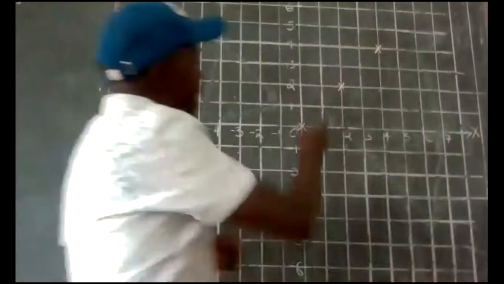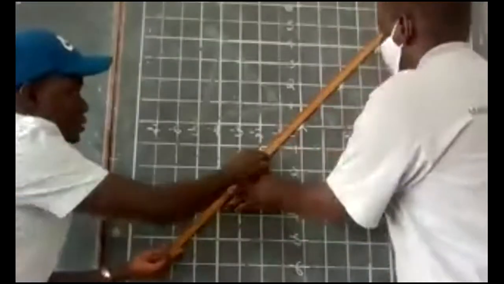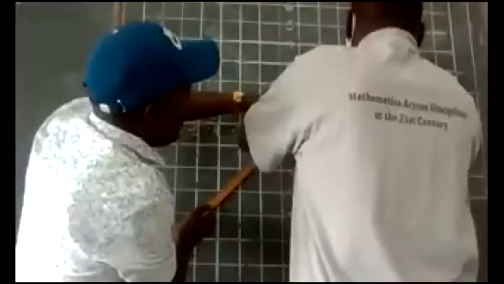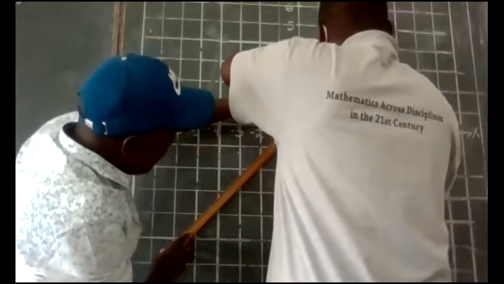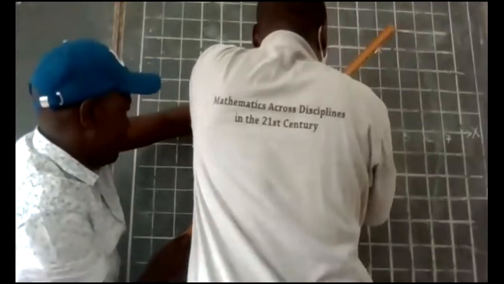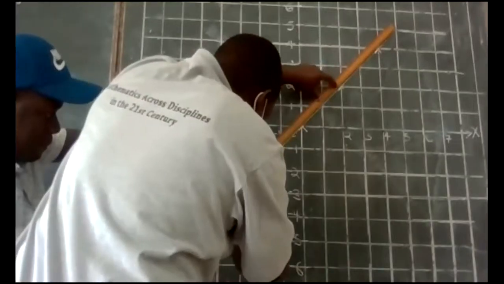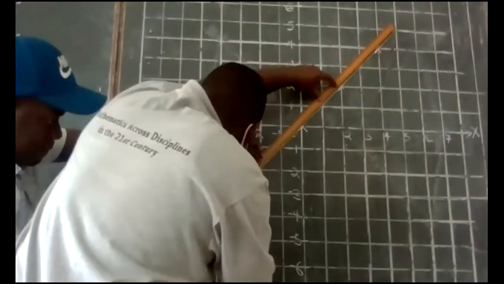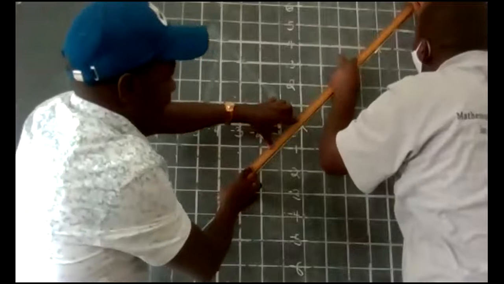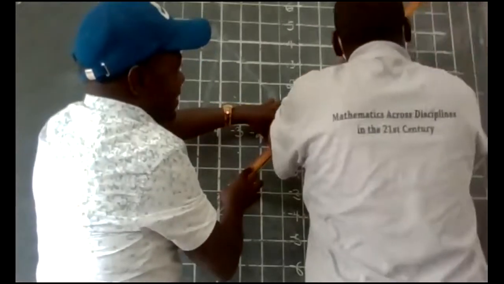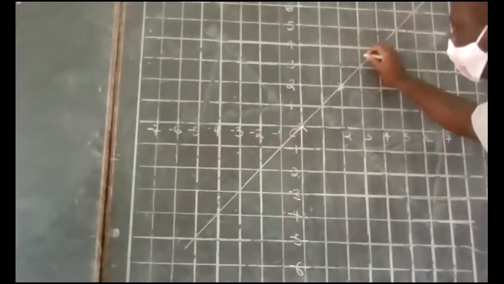I come and draw that line, as you're also drawing in your graph. So that's the line, y is equal to x.